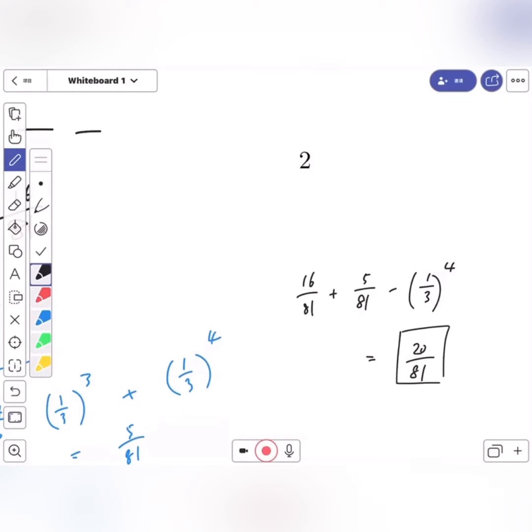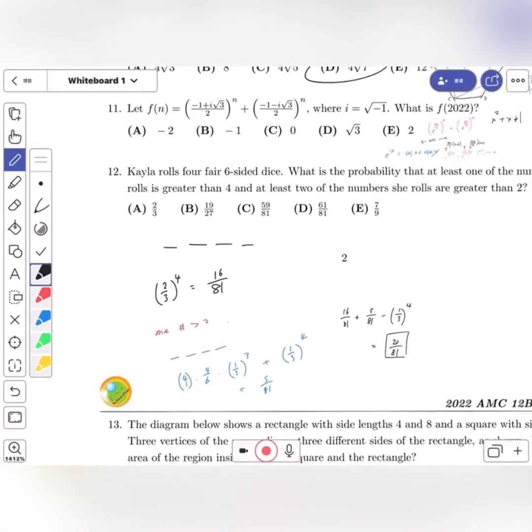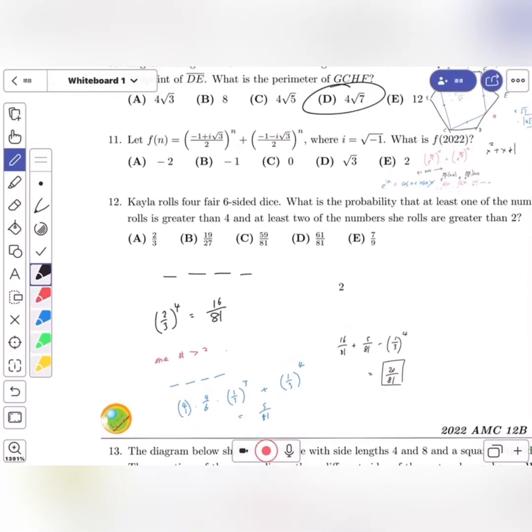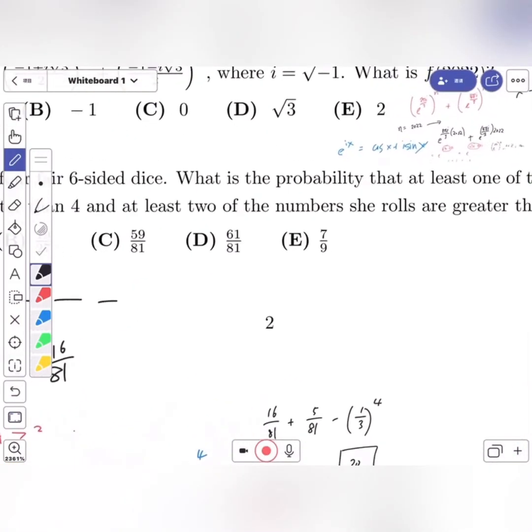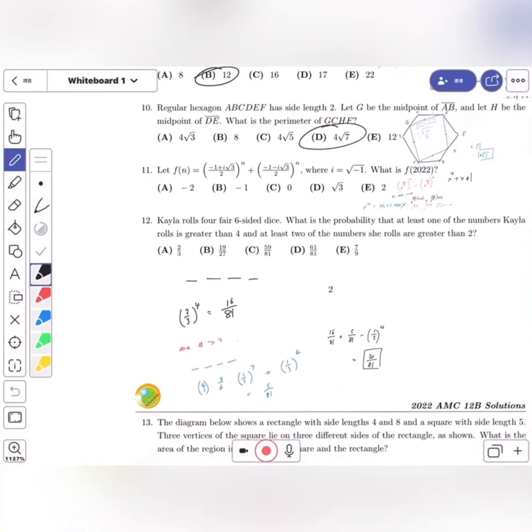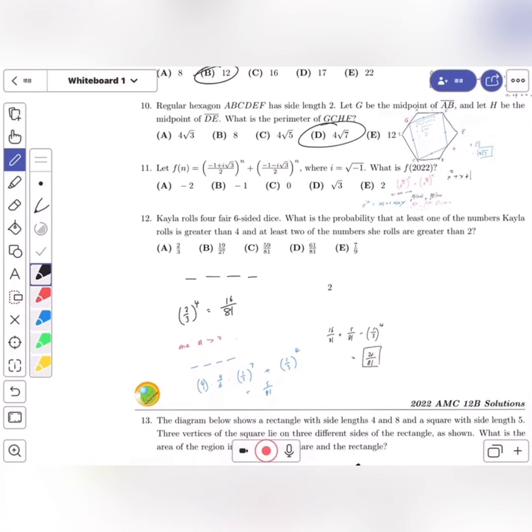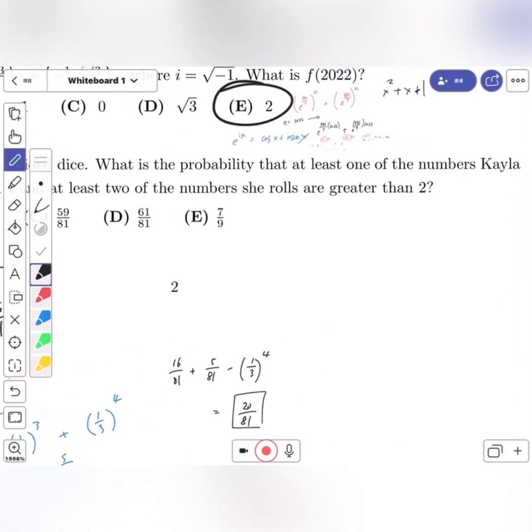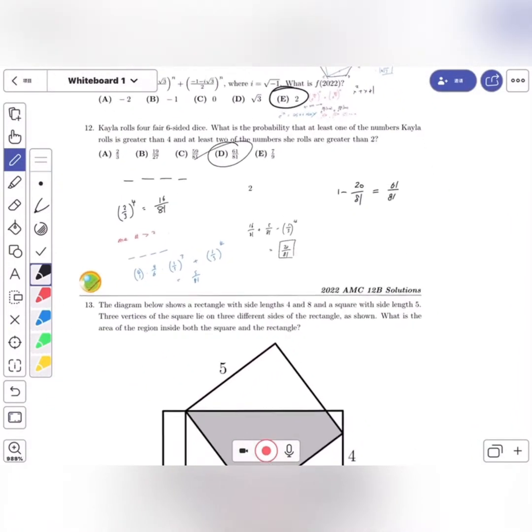Keep in mind that this probability is actually the probability that the statement we want would not occur. So therefore, we want to subtract it from 1 by complementary counting, which gives us 61/81. Our answer choice D.